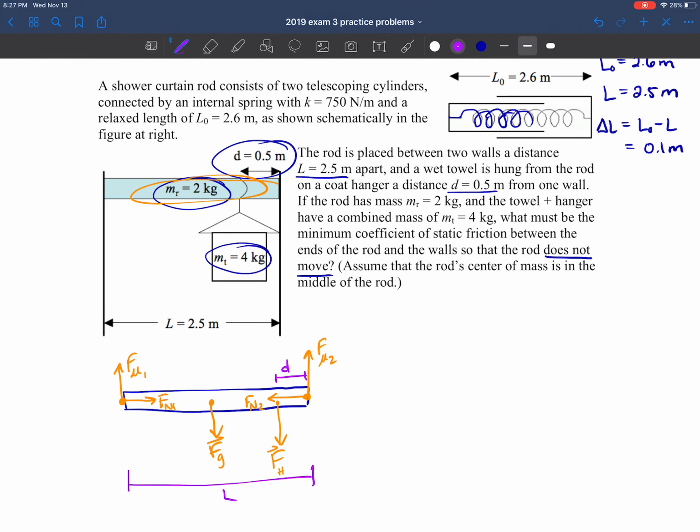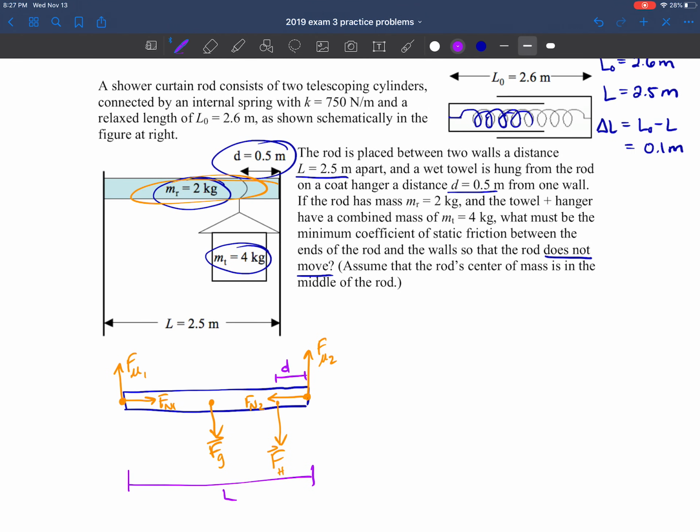Okay, so this problem is mostly tricky because you have to figure out what the normal force is. Now, we know that the normal force that the wall is exerting on the rod, so that's this one, has to be equal and opposite to the force that the rod exerts on the wall. And the rod is really just a spring. So this normal force is a spring force.